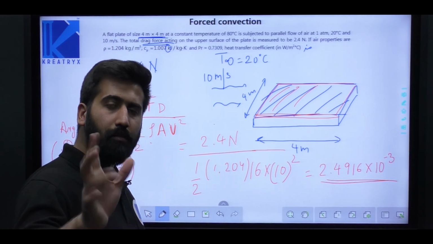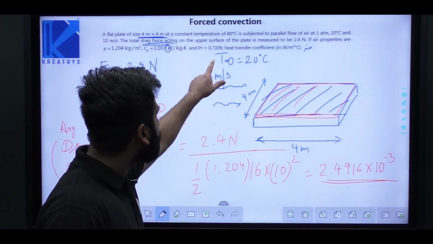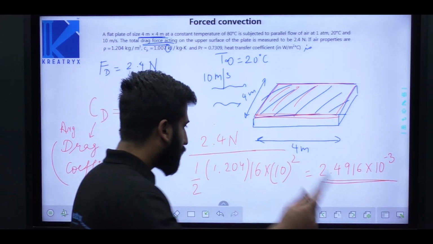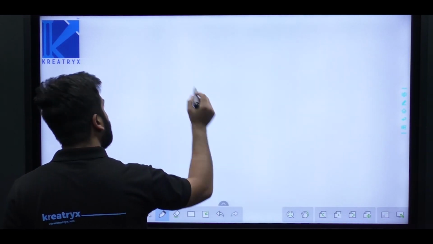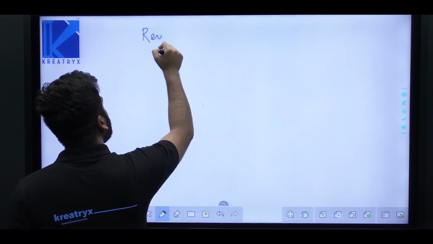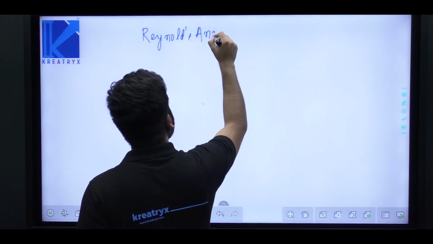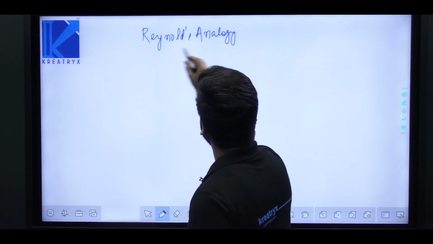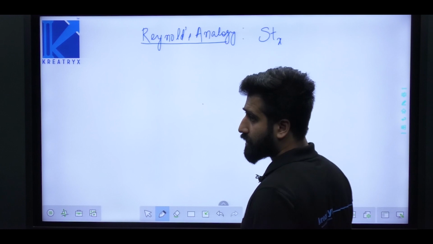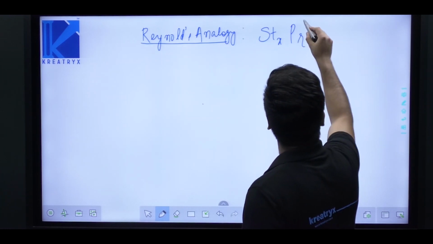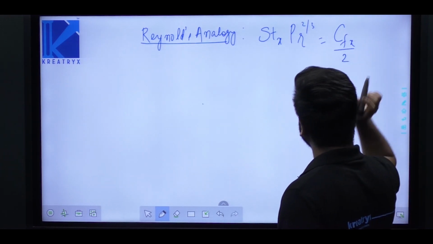Do you remember something about the Reynolds analogy? In that analogy, I have this term, the heat transfer coefficient. The Reynolds analogy is: local Stanton number times Prandtl number raised to the power 2 by 3 is equal to local drag coefficient by 2.